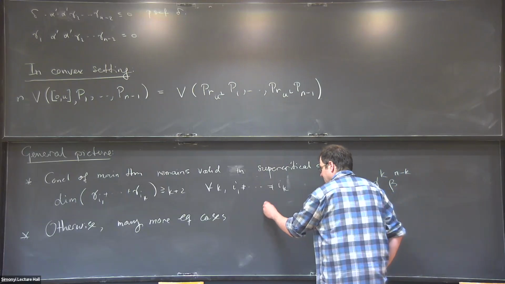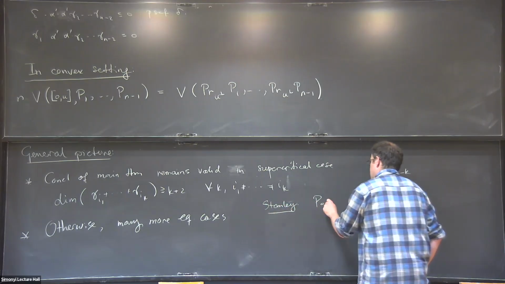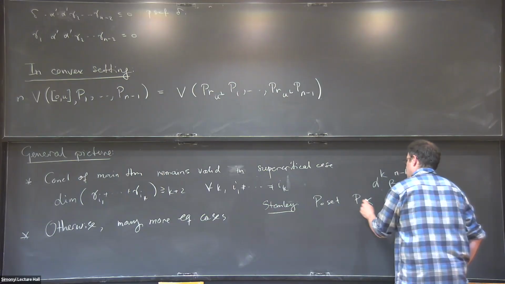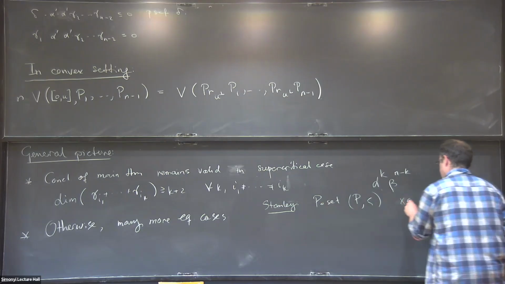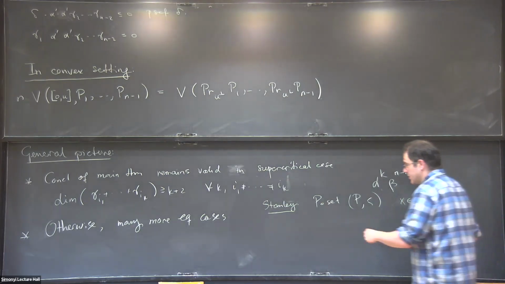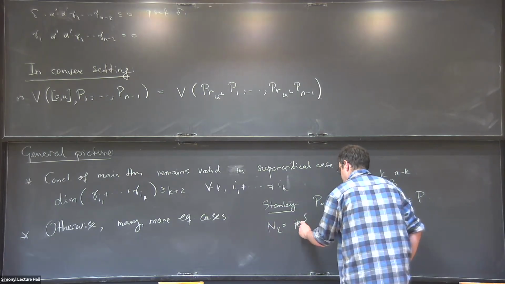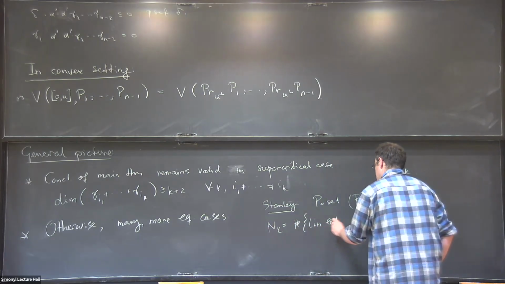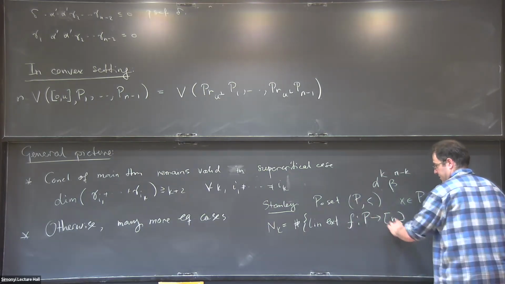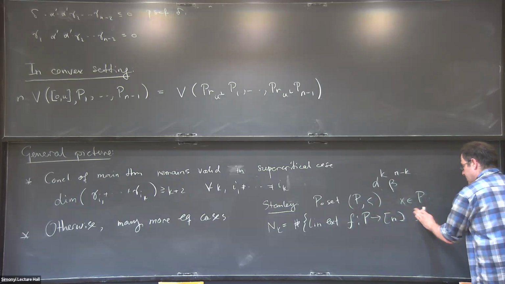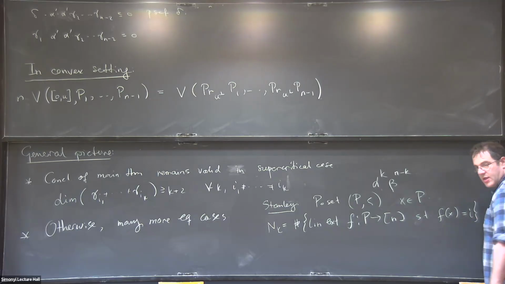There is this inequality of Stanley, which says that if you have a poset, and you fix some element in the poset, and now you look at these numbers n_k, which is the number of linear extensions f from P to the set of size n such that f(x) equals k, then these numbers are log-concave.